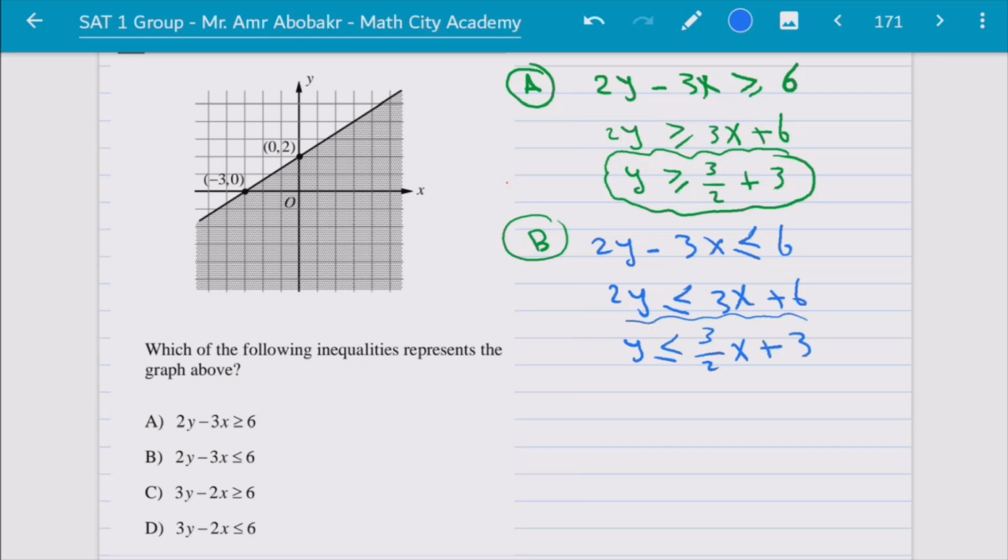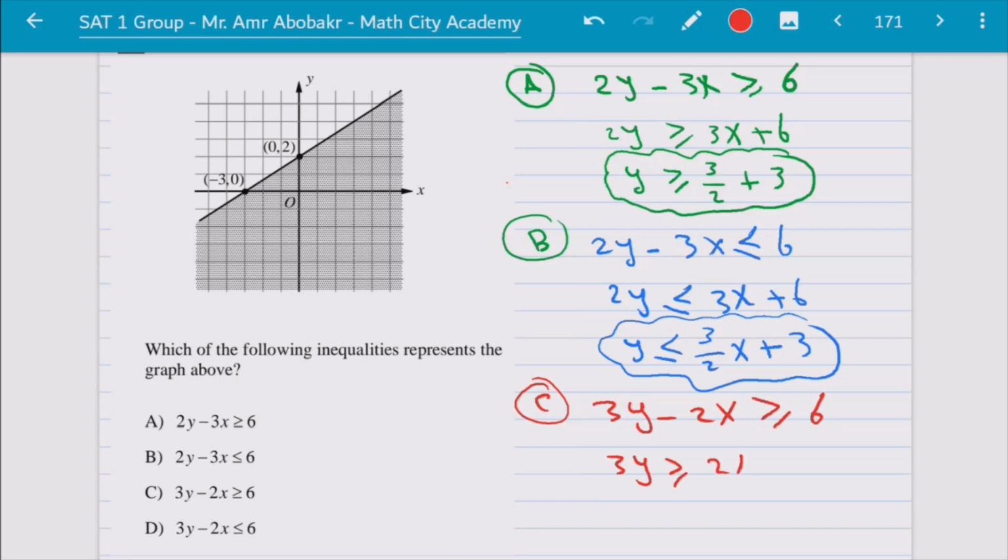This is the second inequality. The third inequality is 3y minus 2x greater or equal 6. So 3y greater or equal 2x plus 6. So y is greater or equal 2 over 3x plus 6 divided by 3 is 2.